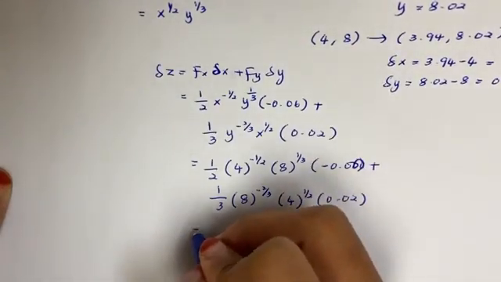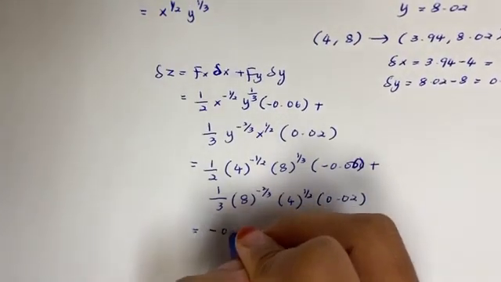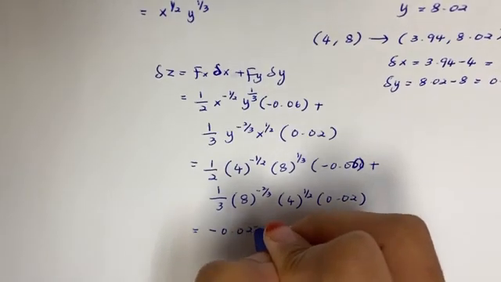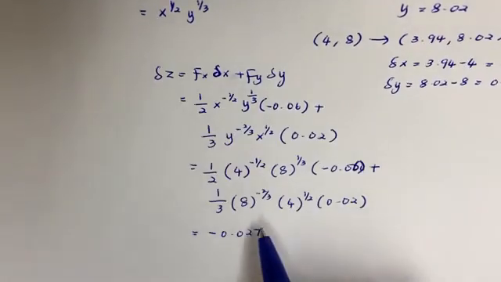Okay, so this is equal to minus 0.027. So this is delta z.